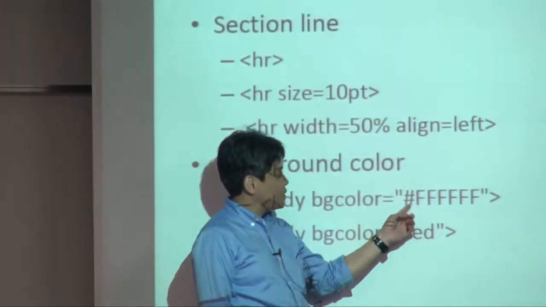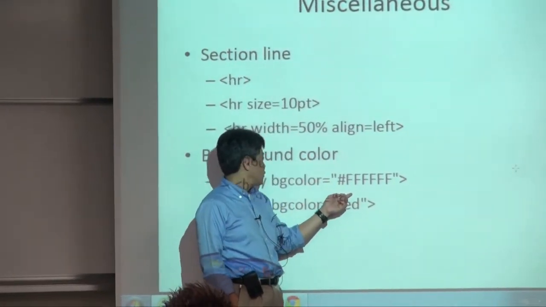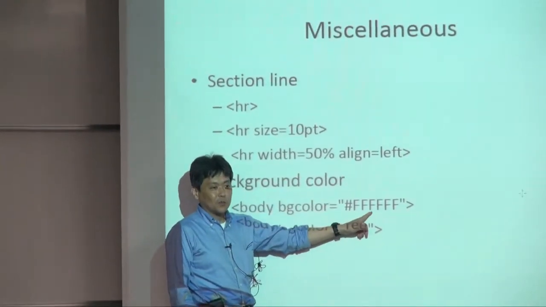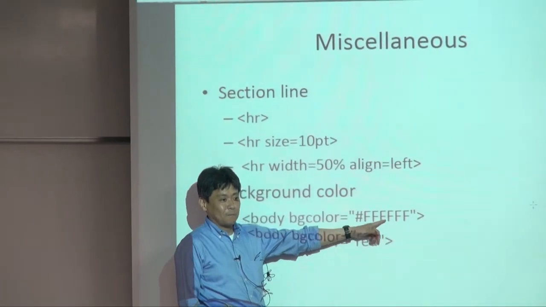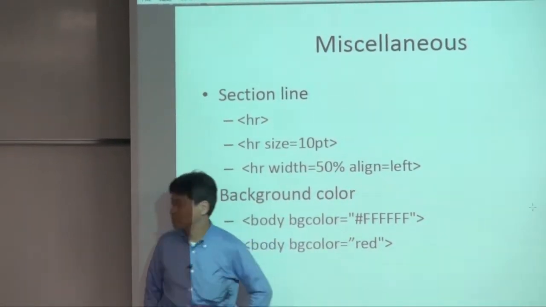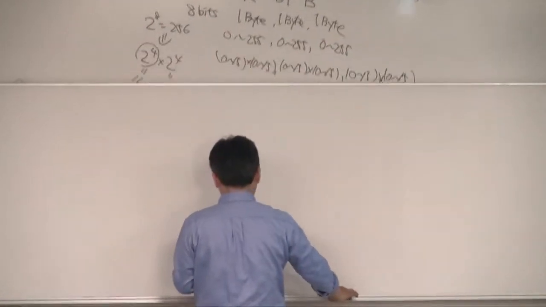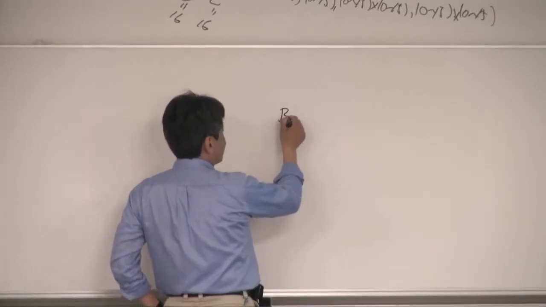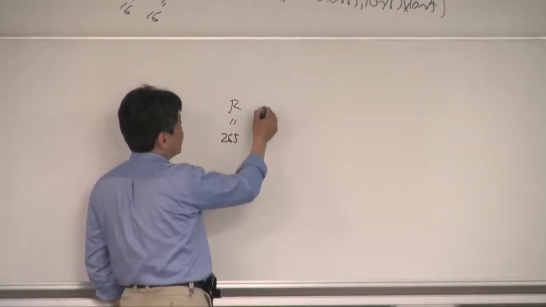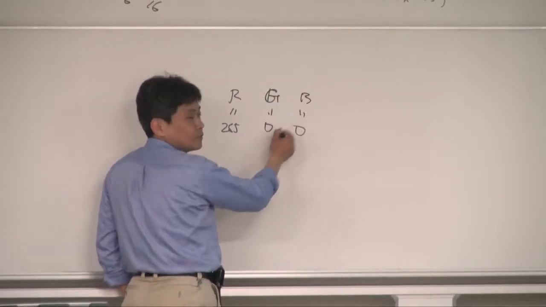If you specify these numbers for background colors, this color corresponds to white. For example, red color: R equals 255, green equals 0, and blue equals 0.